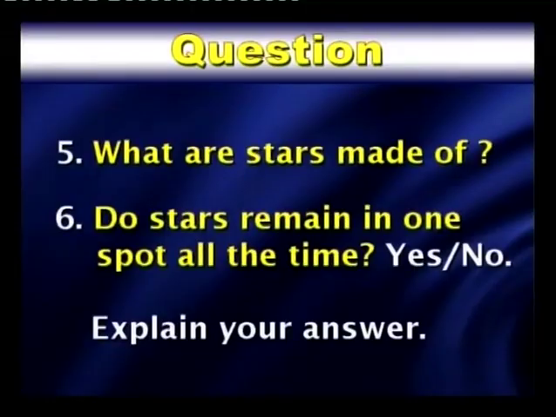Very good, thank you. Like the sun, they have been formed from a cloud of gas and dust. So the stars are made up of mainly very, very hot boiling gases. Two lessons ago, you looked at what the sun is made up of. So like the sun, the stars are also made up of hot gases, mostly hydrogen and helium.